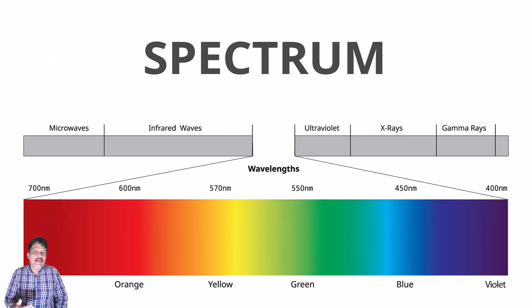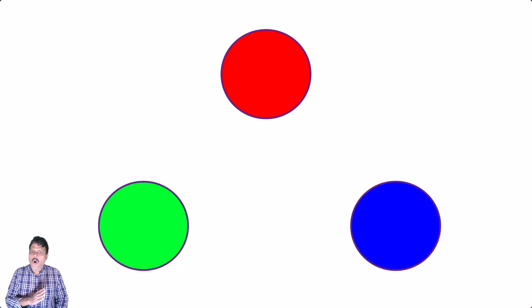Now, the next thing we have to understand is, in case of the radiation principle, first I will come to mobile and TV. In case of the radiation principle, although theoretically we say that all colors in nature are made up of 7 colors, for practical purposes we say that all colors in nature are made up of only 3 colors, and these 3 colors are called the primary colors.